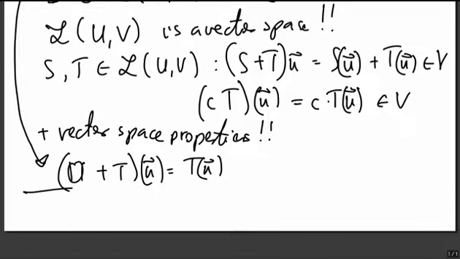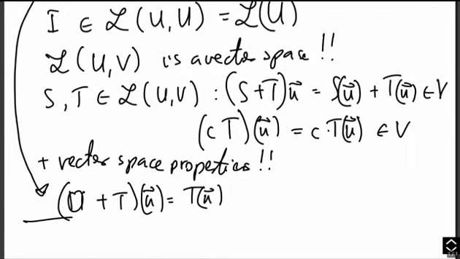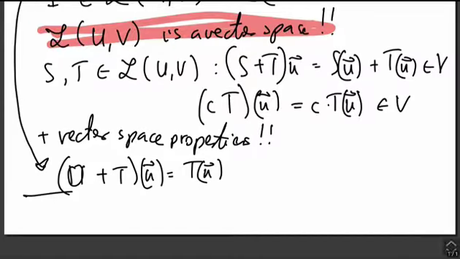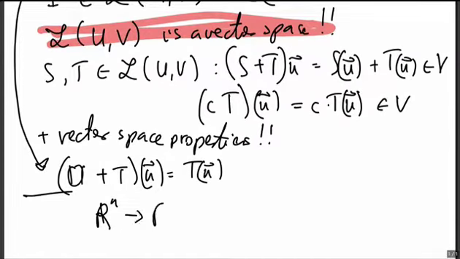One way to look at this very nicely, how this space of linear transformations is a vector space, is when we have maps from Rn to Rm, the m by n matrices transforming n-vectors into m-vectors.